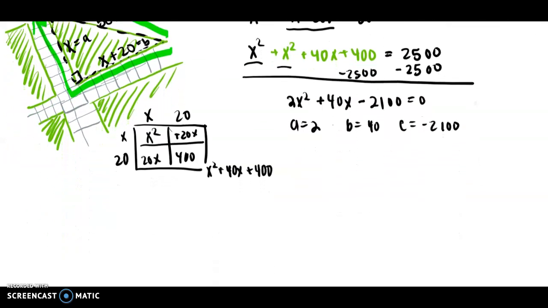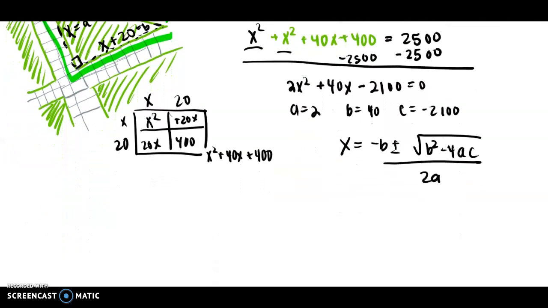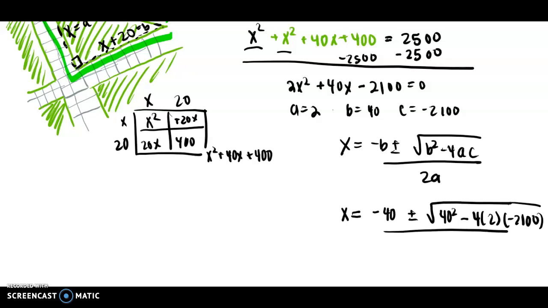We're going to plug that into the quadratic formula. All right, so here is the quadratic formula: negative 40 plus or minus the square root of 40 squared minus 4 times 2 times negative 2,100, all over 2 times 2.